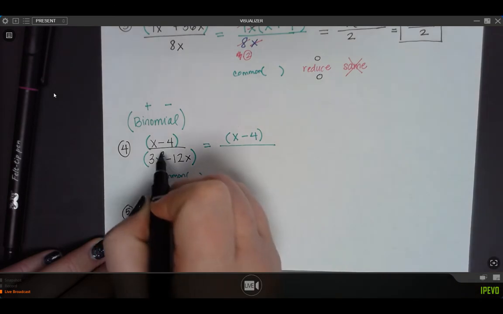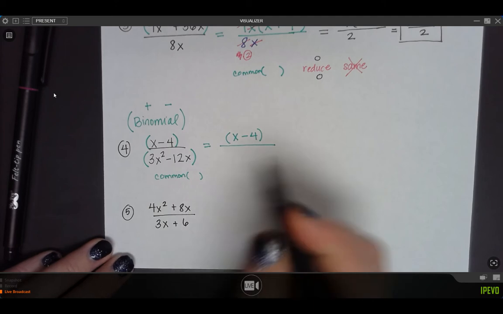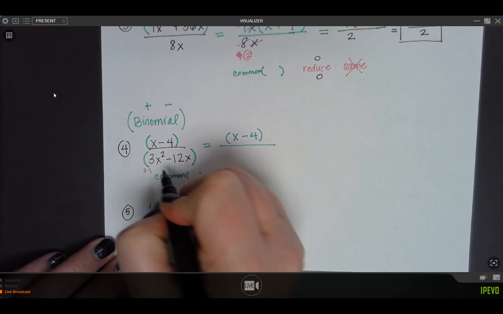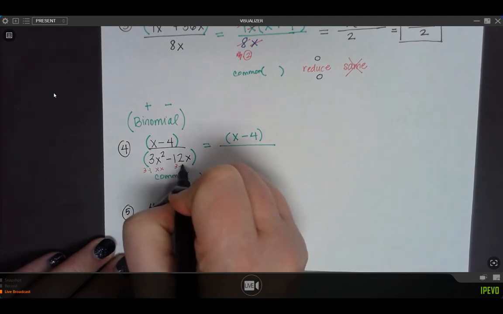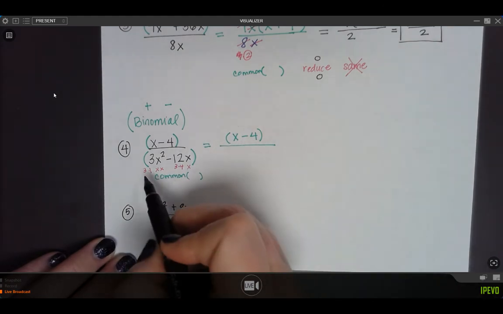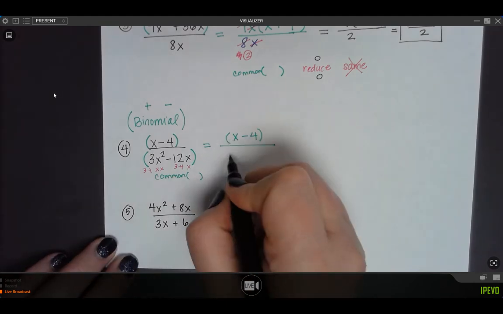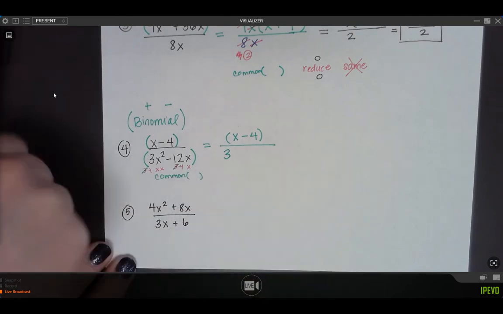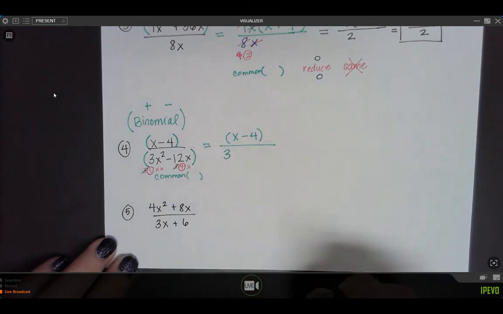Now I have 3x squared minus 12x. There's definitely some stuff in common here, so let's take a look at what they are. So 3 is 3 times 1, and then I have 2 x's. 12 is 3 times 4, and there's 1x. So what I'm going to do is, I notice that they both have a 3 in common, so I'm going to take that 3 out. And if I take out that 3, that means I have a 1 left over and a 4 left over.